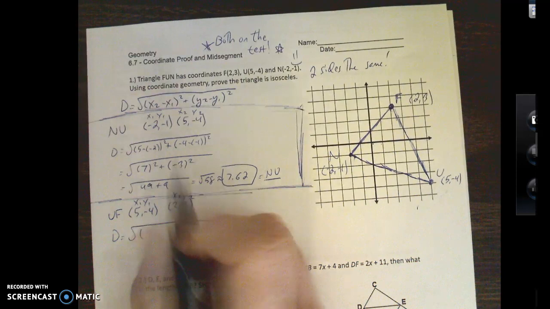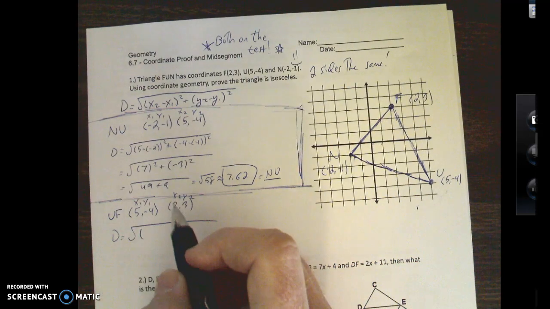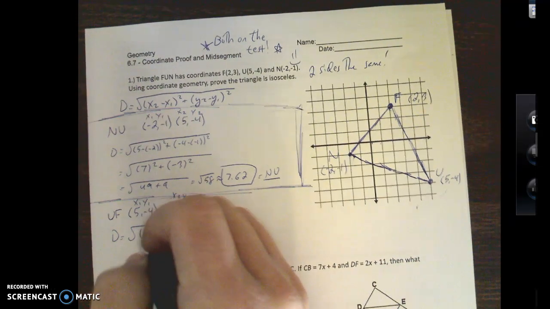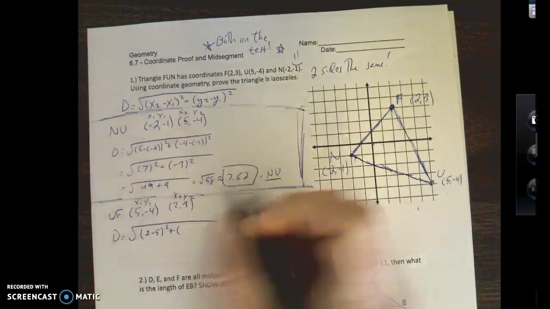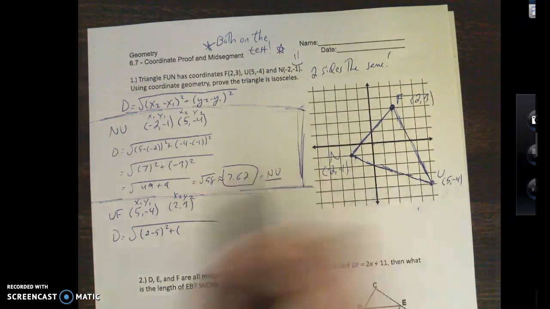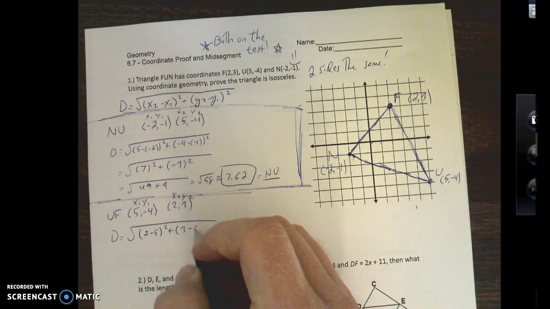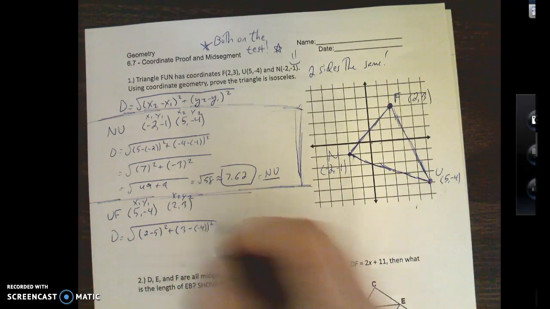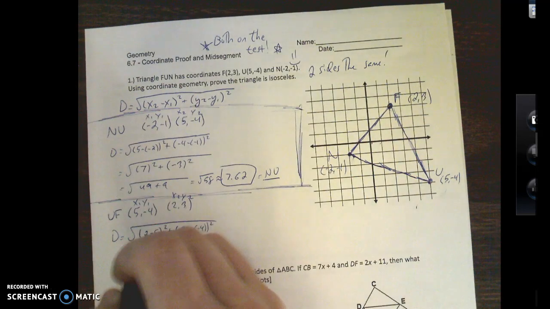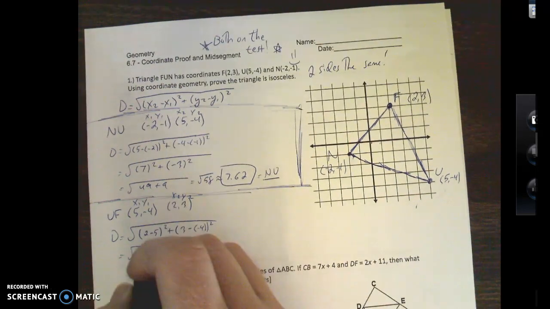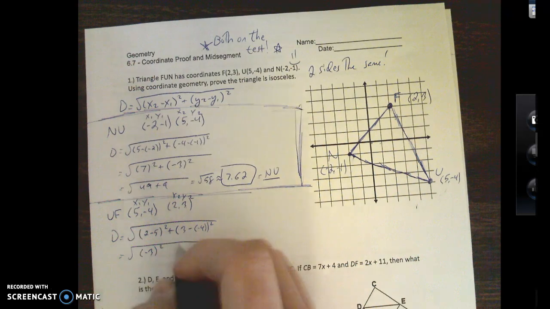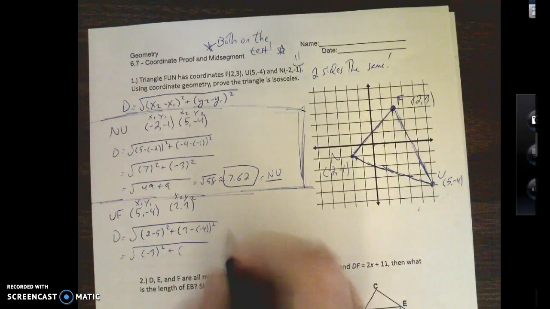Distance equals, we're looking at X2 minus X1, so 2 minus 5 squared. Y2 minus Y1, 3 minus negative 4 squared. If I clean that up, 2 minus 5 is negative 3. 3 minus negative 4 is 7.